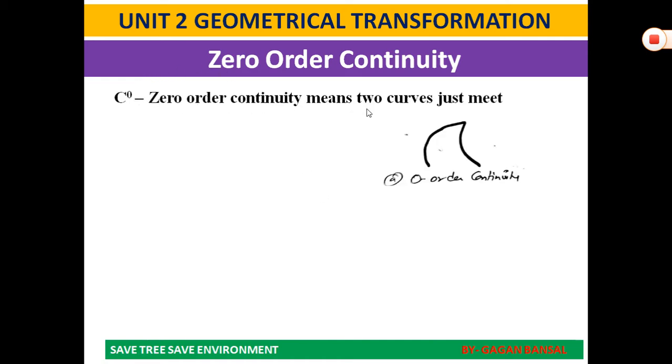Zero order continuity means two curves just meet. When we have two different curves and they are just meeting without any same slope or curvature whatsoever, just having the same values at the joint, that kind of continuity is known as zero order continuity.